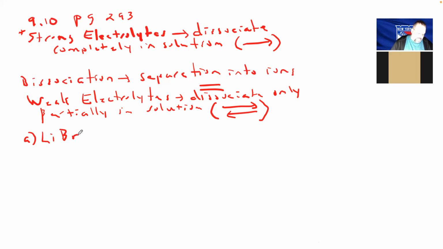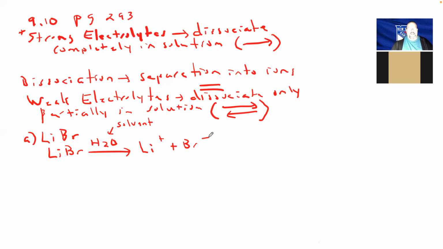When you think about lithium bromide, it's pretty straightforward, because if you put it into water, and remember, water above the arrow indicates that it's a solvent, you get Li plus and Br minus. And the equation is balanced, not only in the number of atoms, but in charge as well. There's no overall charge on the reactant side. There's no overall charge on the product side, because the +1 and -1 adds up to 0.